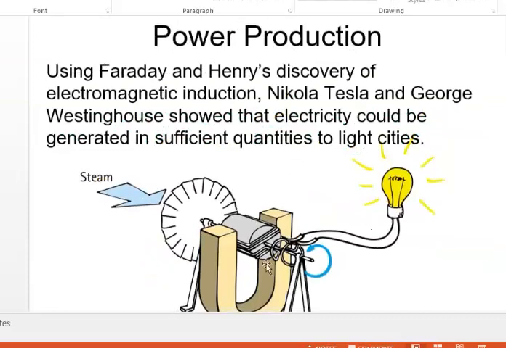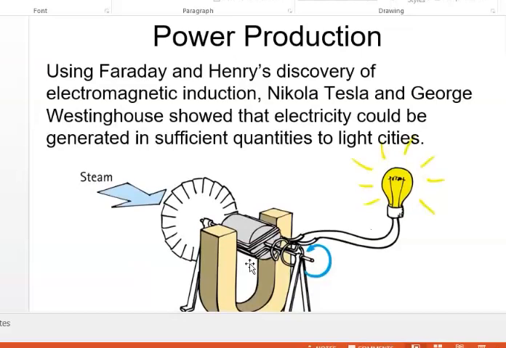So using this concept you can produce electrical power, using various sources of energy available, which can be converted into electrical energy. Using the concept of Faraday and Henry's discovery of electromagnetic induction, Nikola Tesla and George Westinghouse showed that electricity could be generated in sufficient quantity to light a city.